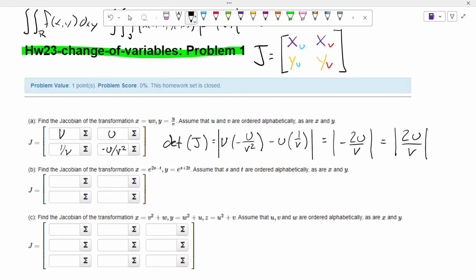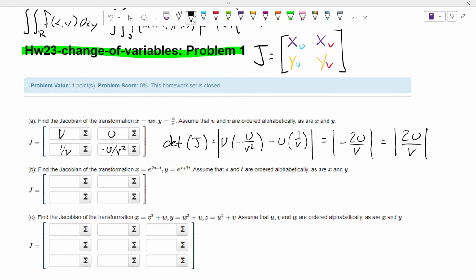So one of the things that's sort of nice about calculating these determinants with the absolute value involved: if you mix up the order of your partial derivatives, say you put the v partials in the first column and the u partials in the second column, just backwards from the way that I did it, while our Jacobian matrices won't match exactly, our determinants will.